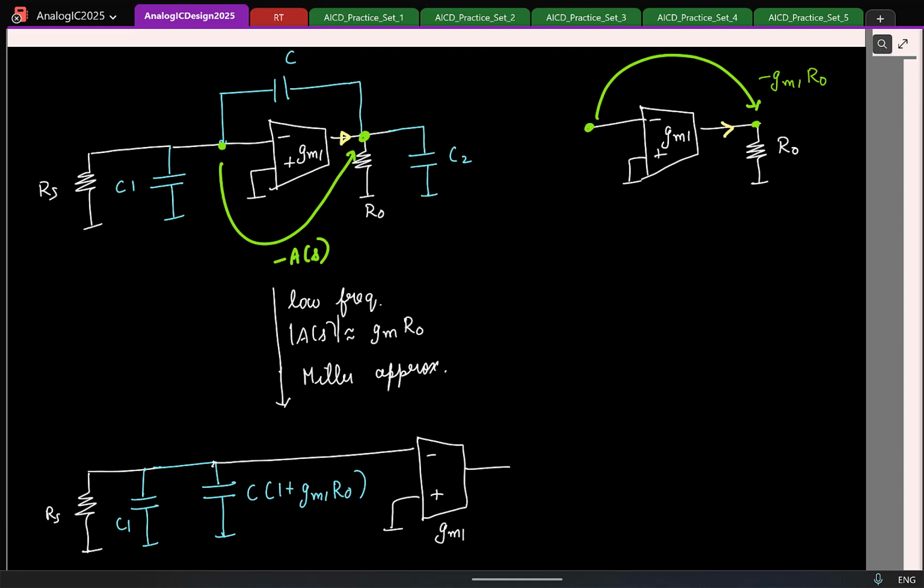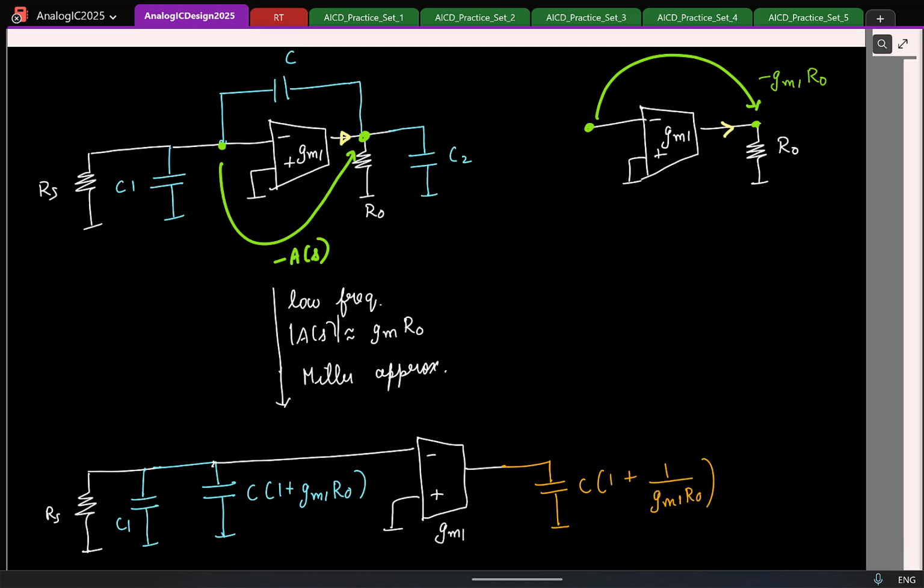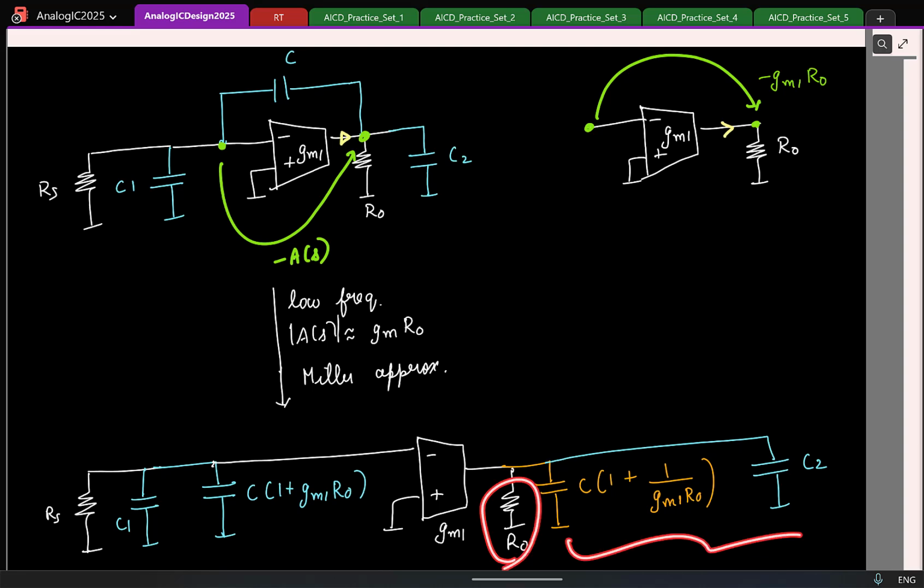Why don't I reflect this capacitor at the output side and say that the value of the capacitor is C into 1 plus 1 by Gm1 R naught, and then in addition I'll have the C2 here and the R naught here, and then say that the pole is this conductance by this capacitance? Can I do that or can I not do that?